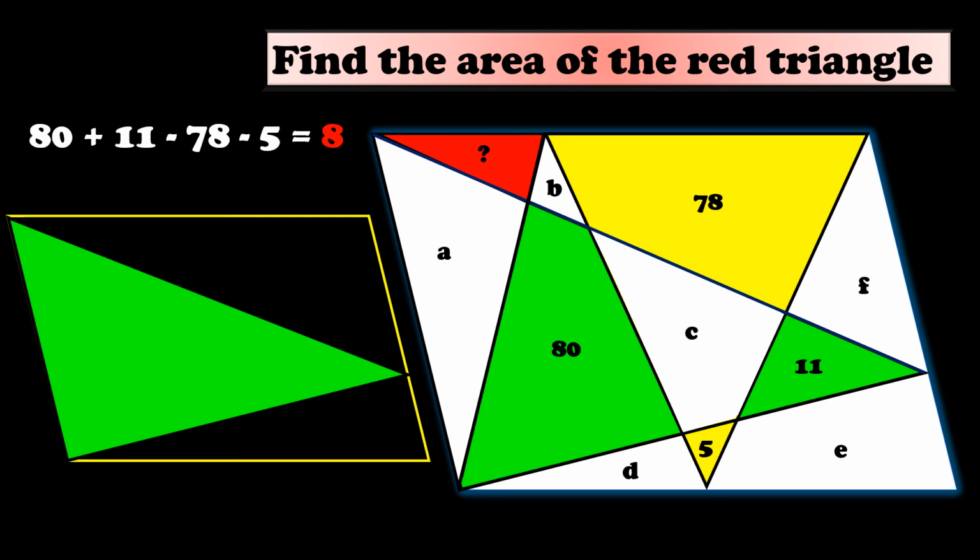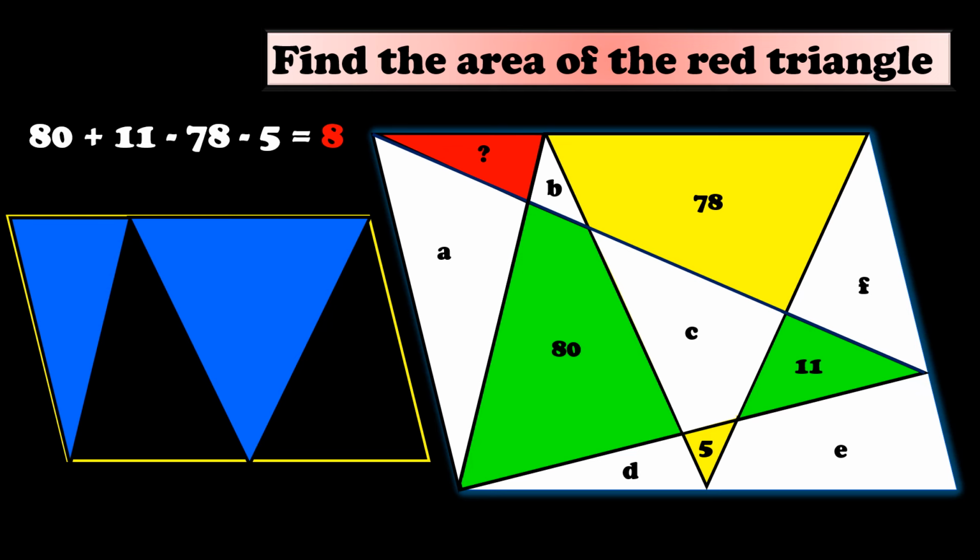And this rule applies the same even if you have multiple triangles like this. In this case, two triangles, as long as they start on one side of the parallelogram and their heights reach the opposite side.